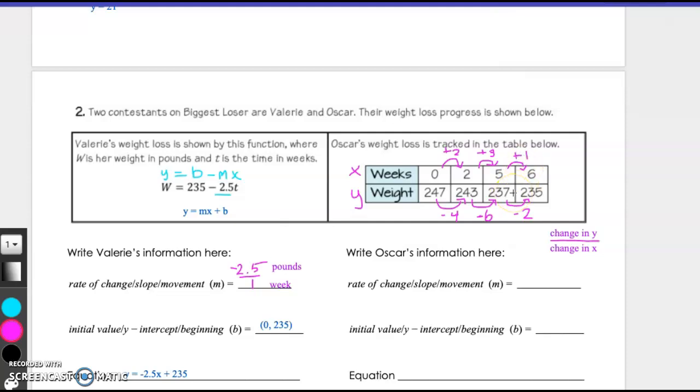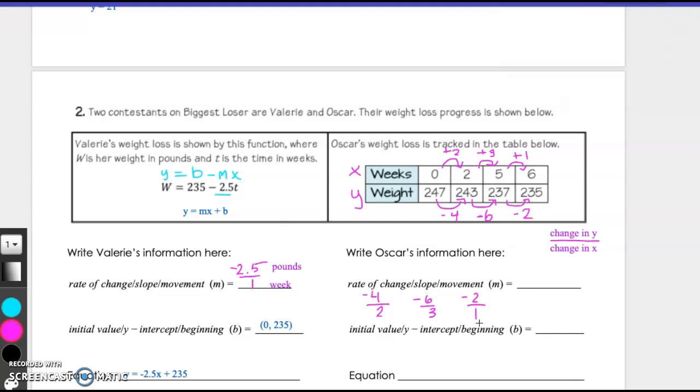So take a look, don't freak out. If we write each of these out, change in y over change in x, this would be -4 over 2. This one would be -6 over 3. And this one would be -2 over 1.